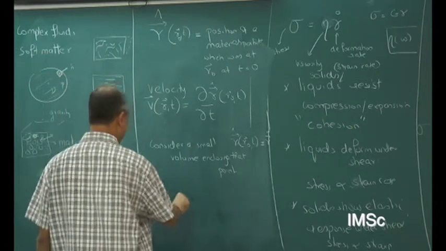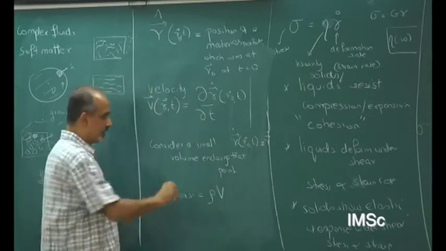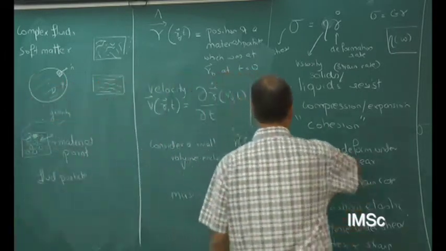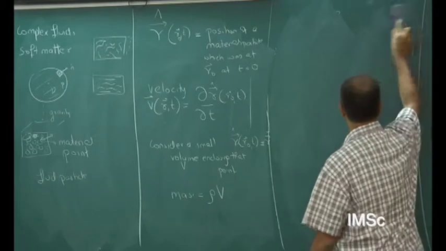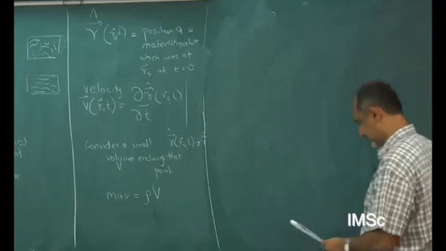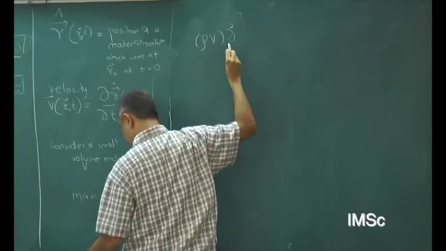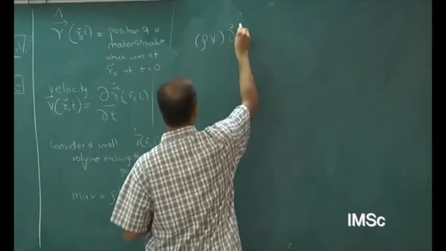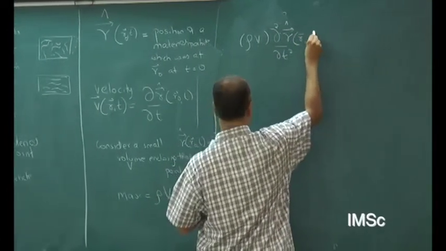So then the mass is rho times V, where that small volume is called V. So mass, which is rho V, times delta squared r hat by delta t squared. This is as a function of r0 comma t.